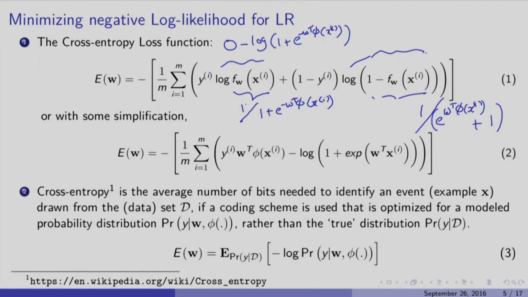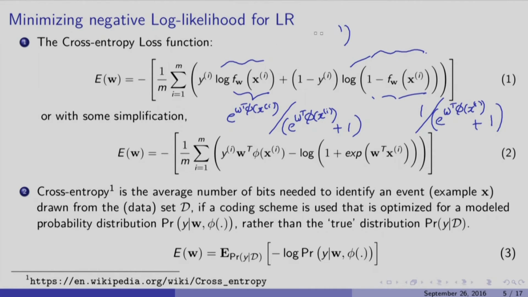One can multiply the numerator and denominator by e raised to w transpose phi xi, and I will do precisely that to get a slightly different representation. So we will get e raised to w transpose phi xi divided by e raised to w transpose phi xi plus 1, which will let us express the logarithmic term slightly differently.